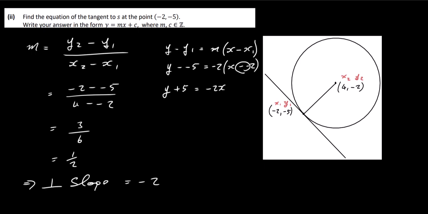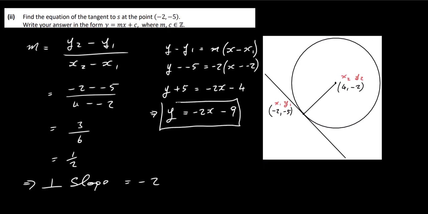This here becomes plus 2, minus times plus is minus, and that's 4. So we want this in the form y = mx + c, so leave the y out here. And we've got −2x, and then we've got −5 minus 4, which is −9. So this is the equation of this tangent out here.